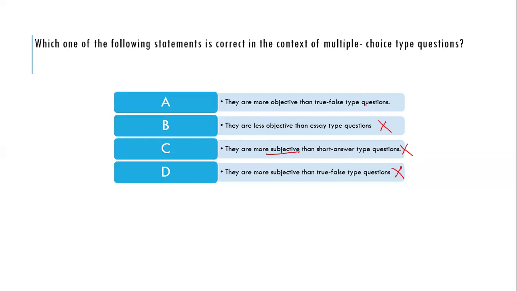No. So they are more objective than true or false type questions. That is right. Compared with essay type, MCQ is objective. Compared to short answer questions and true or false questions, it is not subjective but objective. That would be the right answer.